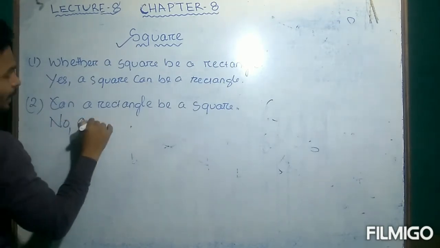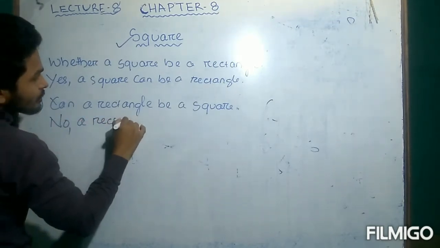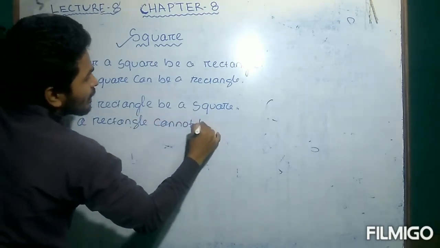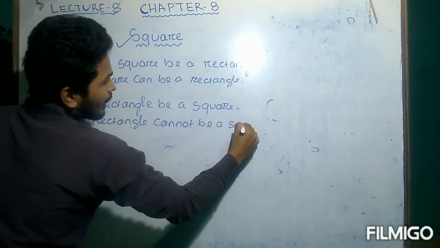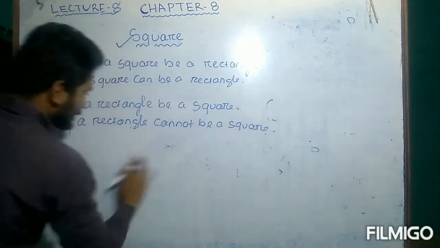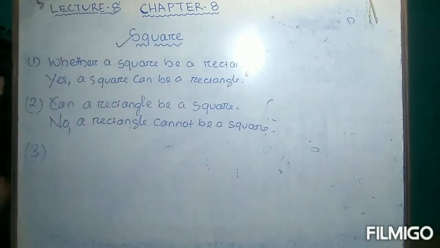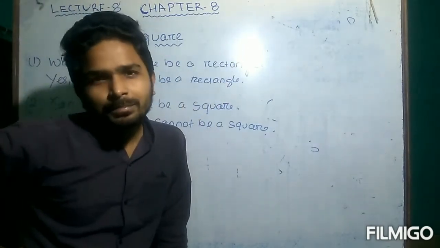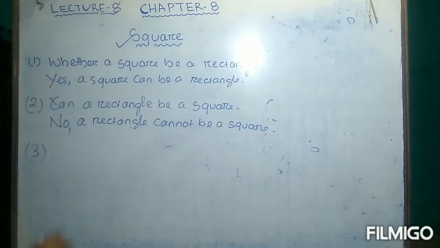No. A rectangle cannot be a square. Clear? Third question arises. Can a square be a parallelogram? Let's understand.